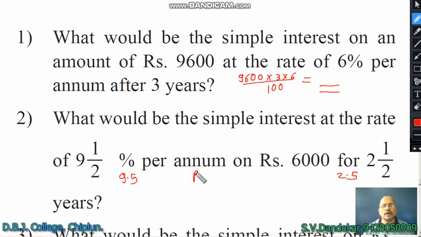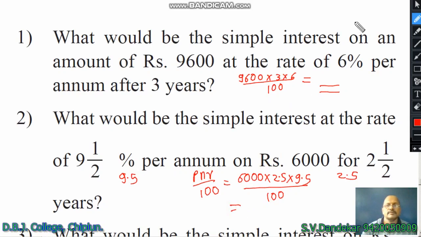Using the formula PNR upon 100, the simple interest is P is 6,000, N is 2.5, R is 9.5 divided by 100. Calculate these, take the products and division and find out the answer yourself.